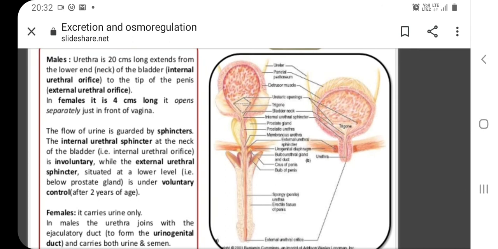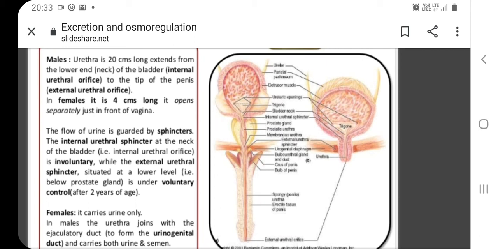The flow of urine is guarded by sphincters. The internal urethral sphincter at the neck of the bladder is involuntary, while the external urethral sphincter situated at the lower level is under voluntary control.